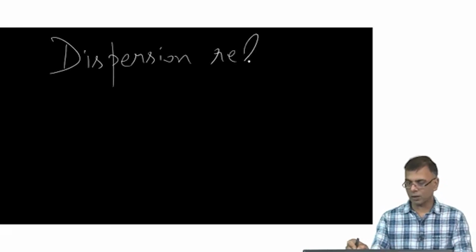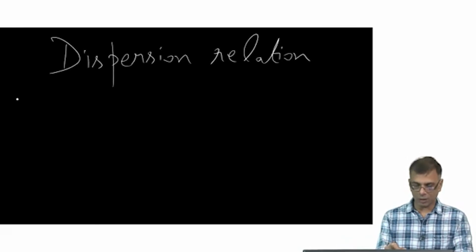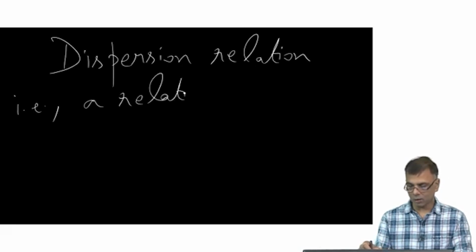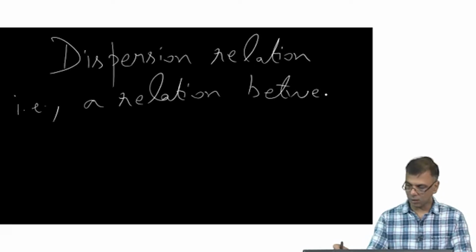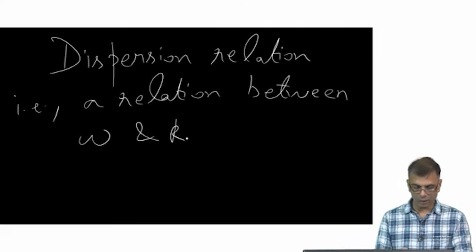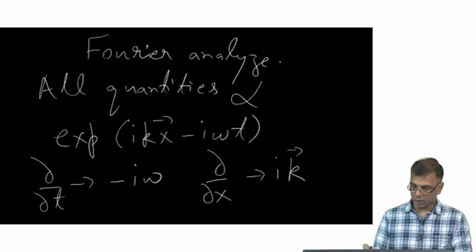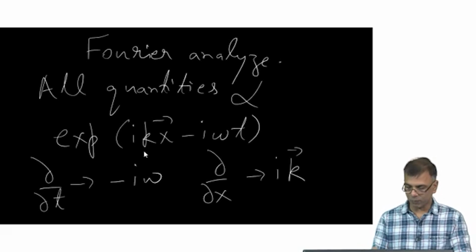A dispersion relation is always a relation between omega and k, the temporal frequency and the spatial frequency.